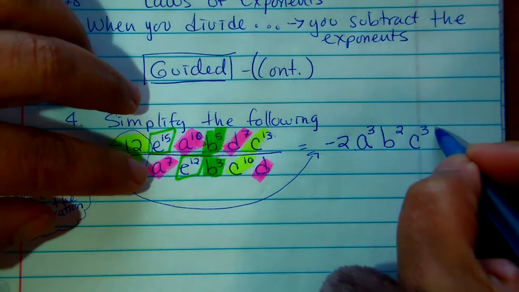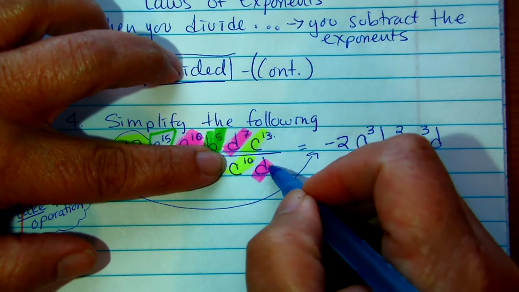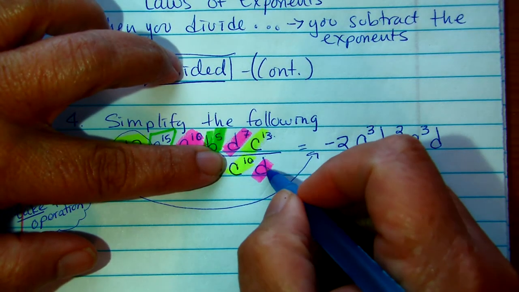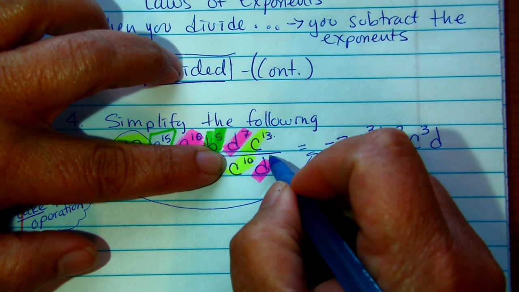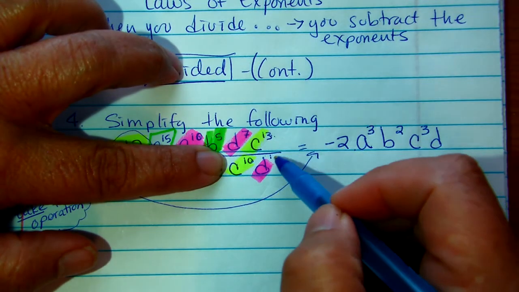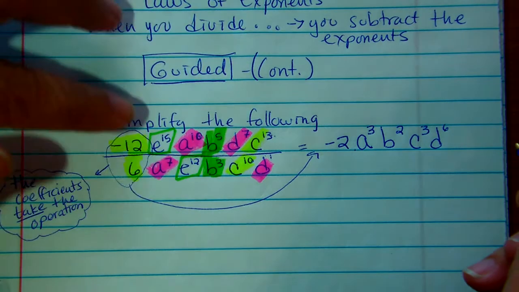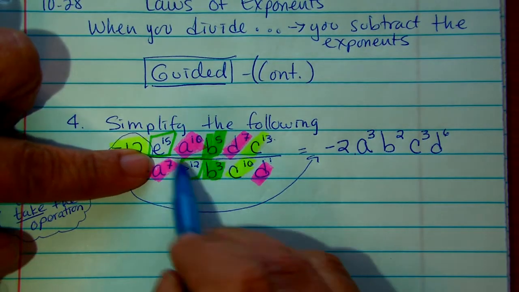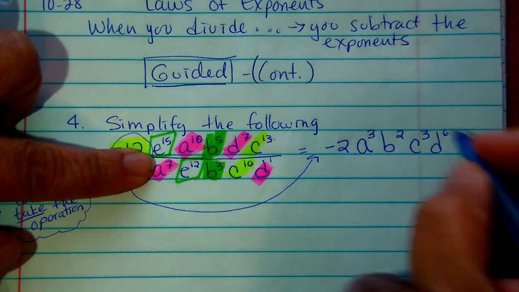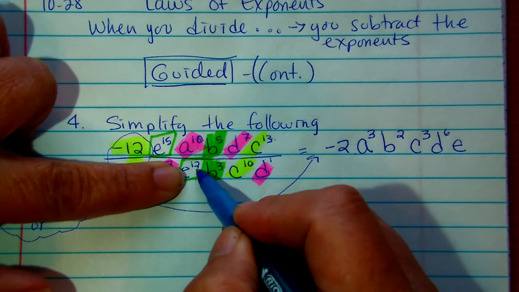Then comes letter D. For letter D, we have 7. And over here, what exponent does this D have? It's like having a 1 right here. So we're going to subtract 7 minus 1. It's going to give us 6. And then the letter E, right here, we have 15 minus 12.